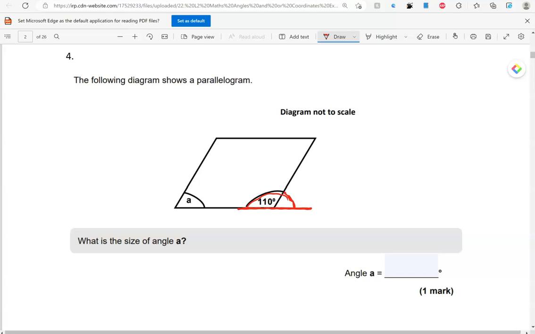So this makes a semicircle. A circle was 360 degrees. A semicircle is 180. So 180 take away 110 should give me the value for this angle here, which is equal to angle A. So that is 70 degrees.